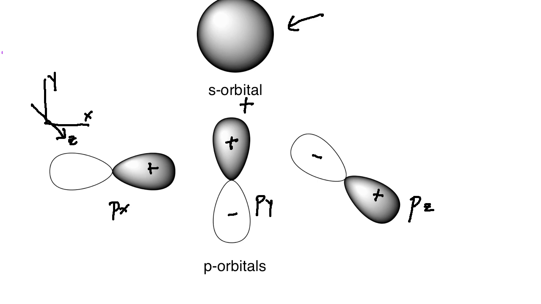Now what you'll notice about the s orbital, because it doesn't have what's called a node, which is this part right here, there are no electrons that are allowed to exist in a node. It's a separation. It gets into Schrodinger wave equations and theories about probability of where electrons can reside. That's a little more advanced than what we're going to go into right now. But what you want to realize is that an s orbital does not have a node.